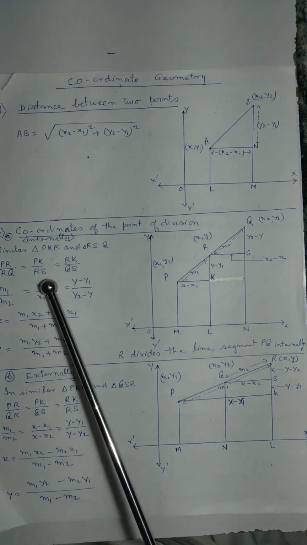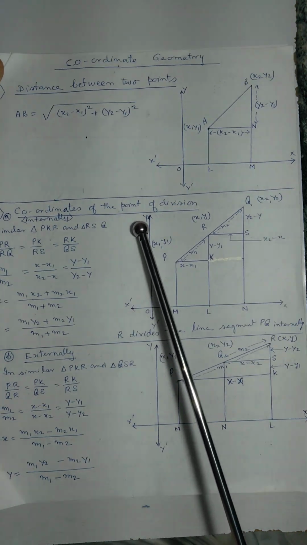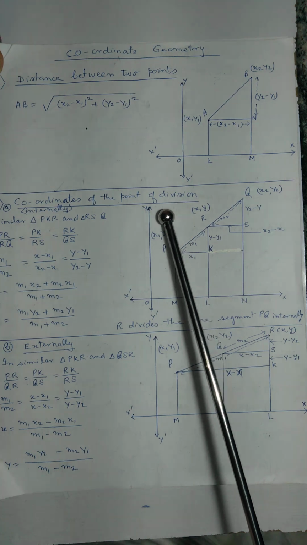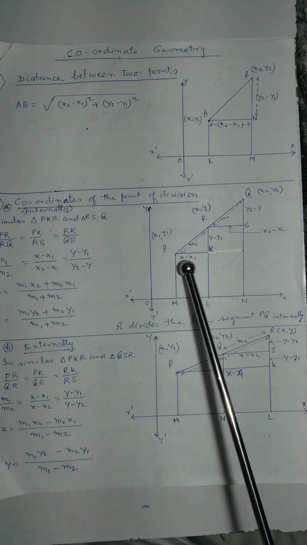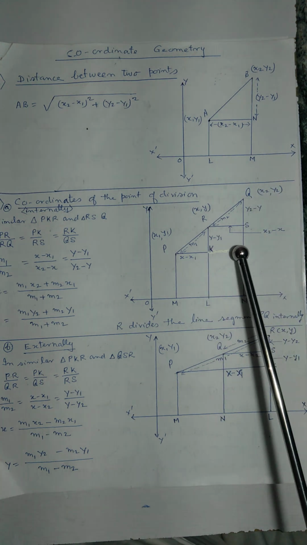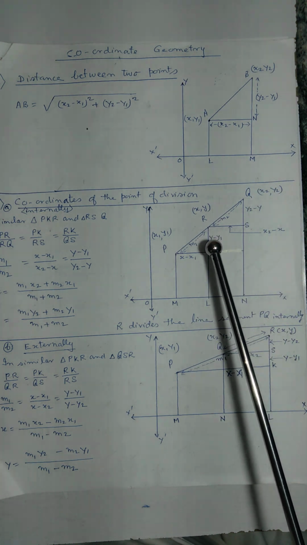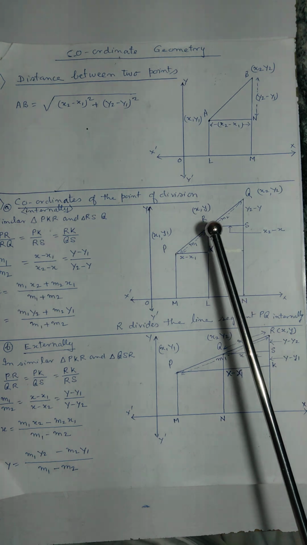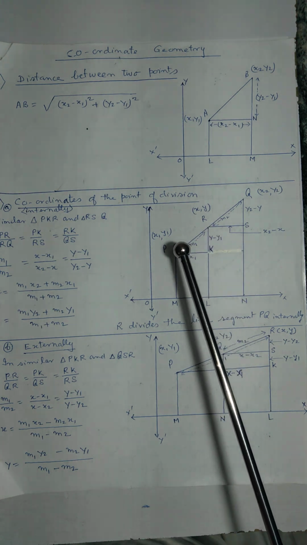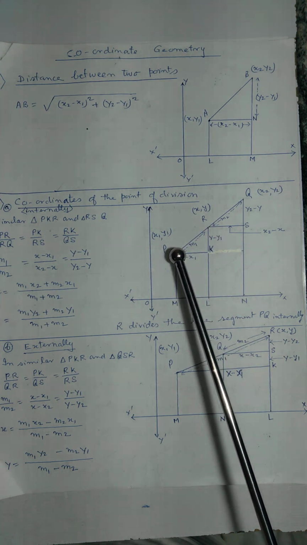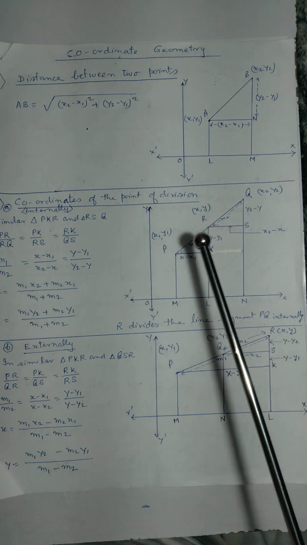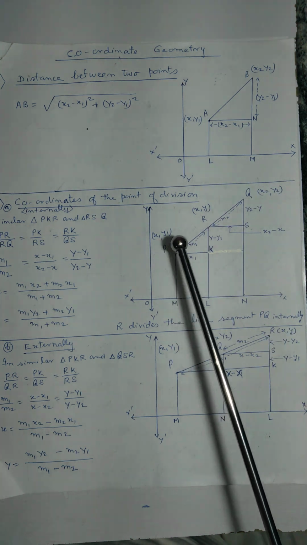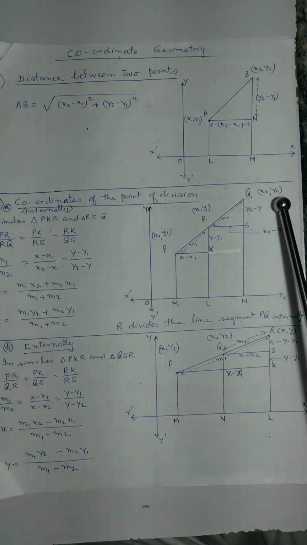Now the second formula, the coordinates of the point of division internally. If there are two points P and Q and there is a point in between PQ, that is the point R. The coordinates of P and Q are given to you, that is x1, y1 and x2, y2.